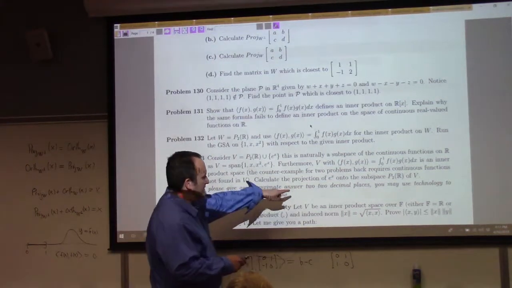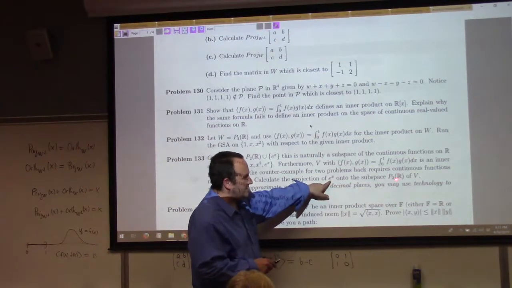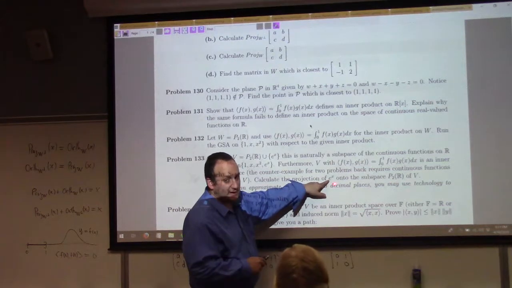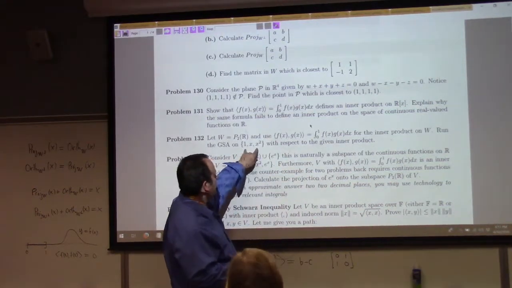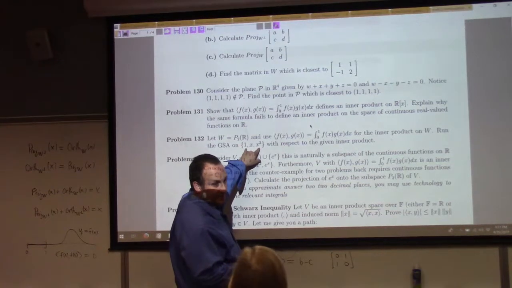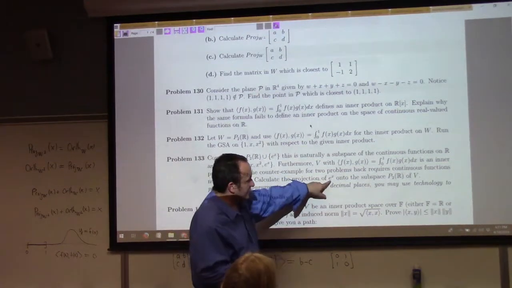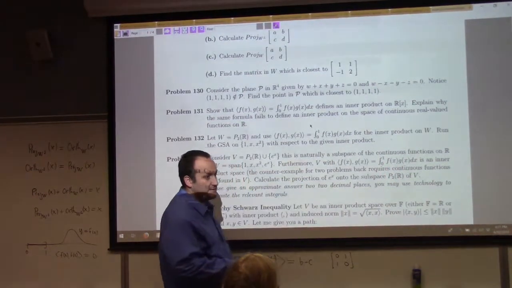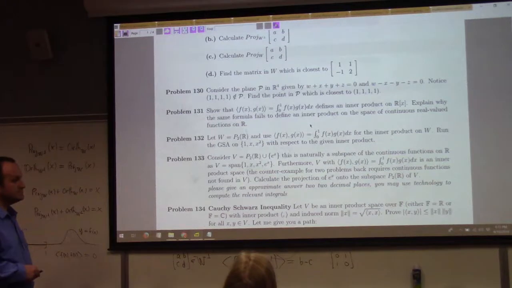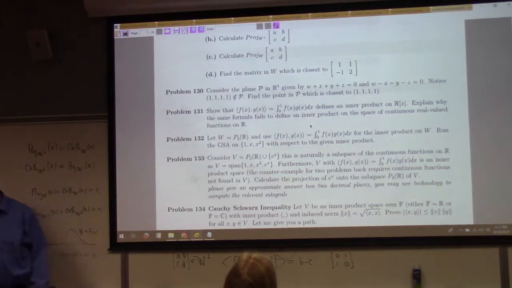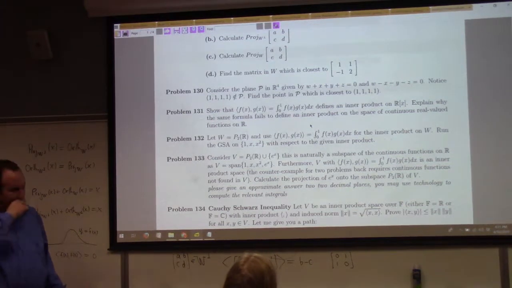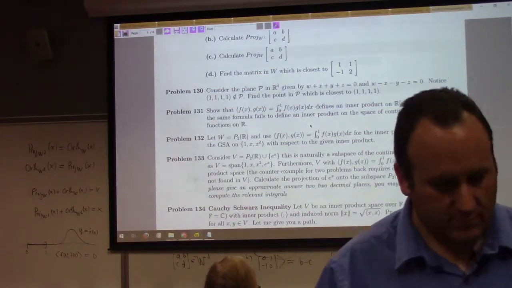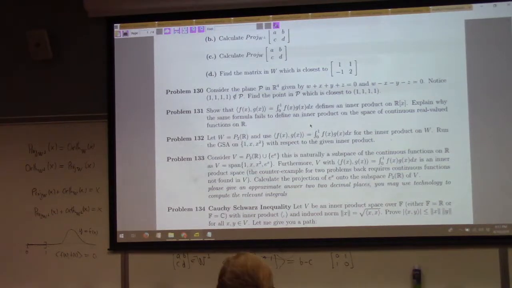So the projection of e^x onto this, I'm just going to take inner products of e^x with the thing you created in the last problem to calculate the projection of the exponential function onto the set of possibly degenerate quadratics, P2(R). I know you haven't worked it out yet, but that's a sketch of it anyway.